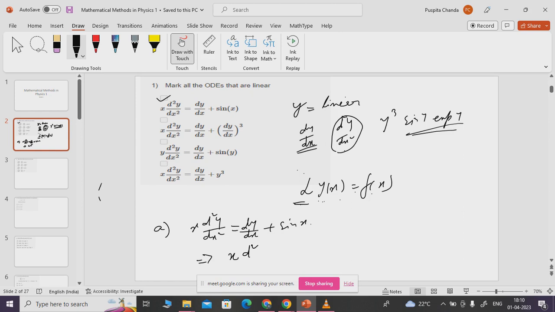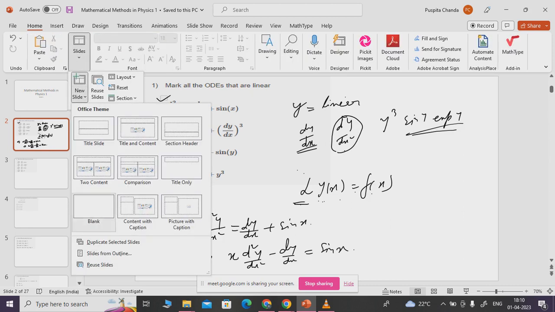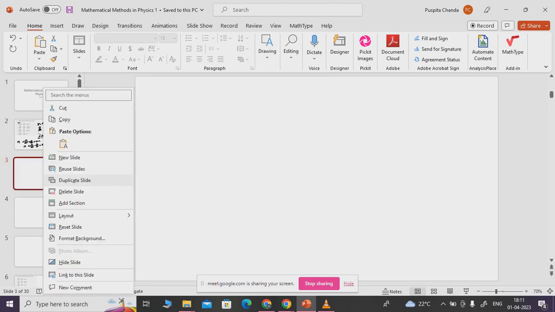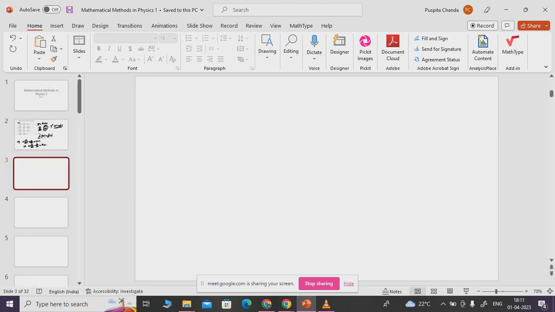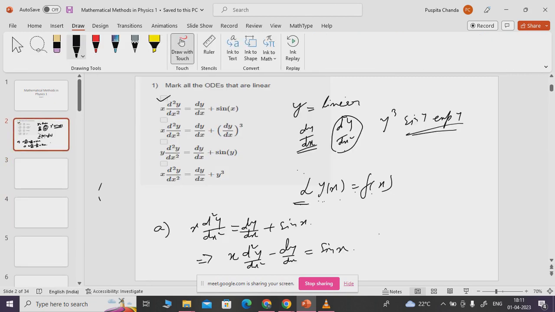So the operator which is operating on y is d2/dx2 minus d/dx, acting on y(x), which is also a function of x.